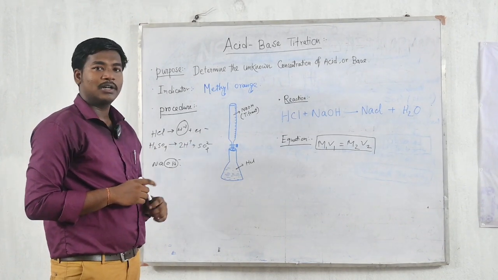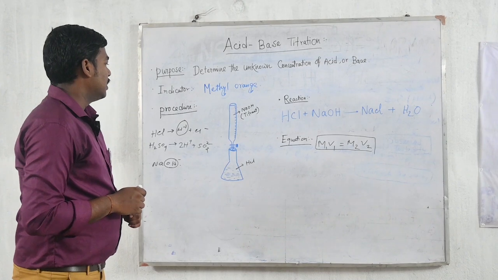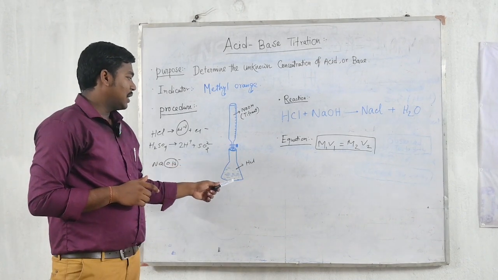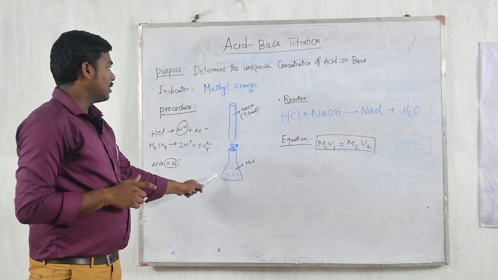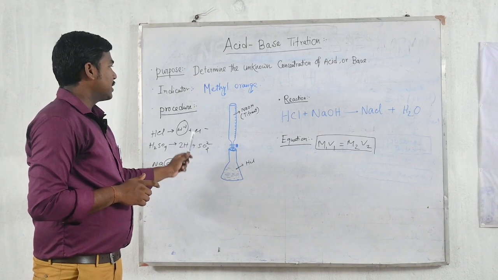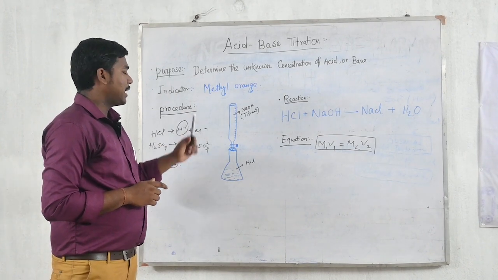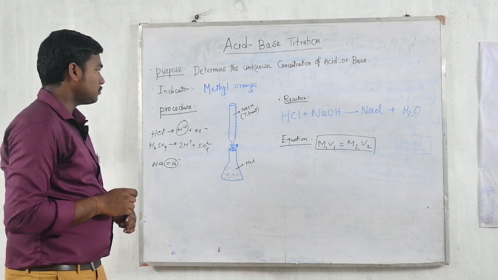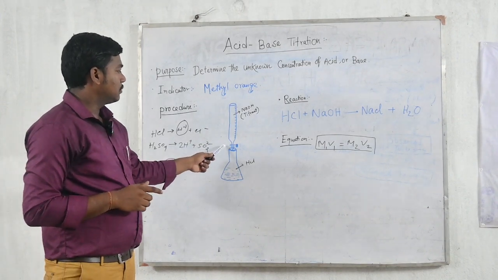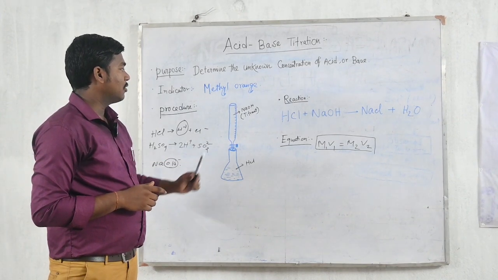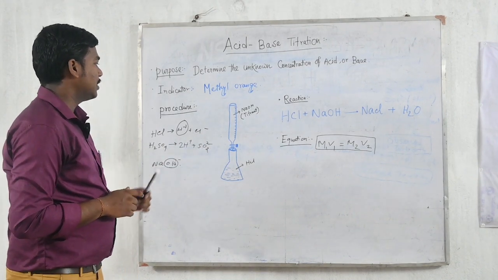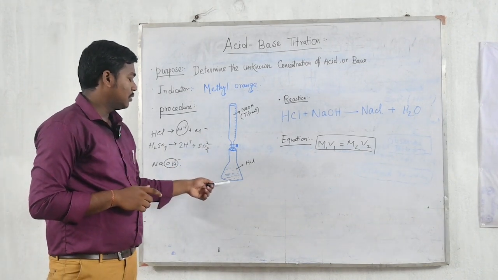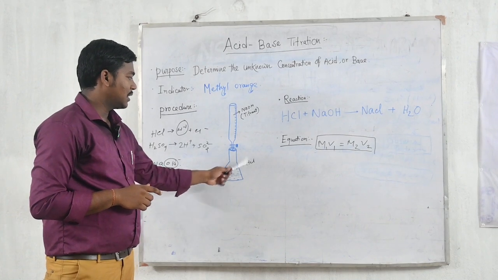We use the sodium hydroxide as a titrant, and in a conical flask we transfer the HCl through a pipette, and in the conical flask we add dropwise the methyl orange which acts as an indicator. Then we open the knob and the sodium hydroxide, which is the titrant, is added dropwise to this conical flask of HCl.